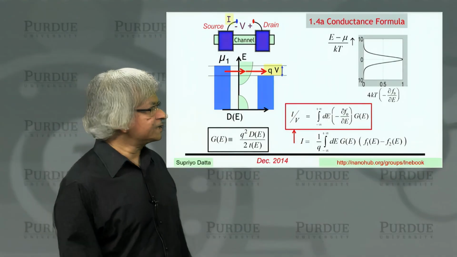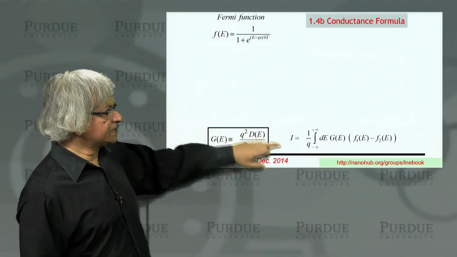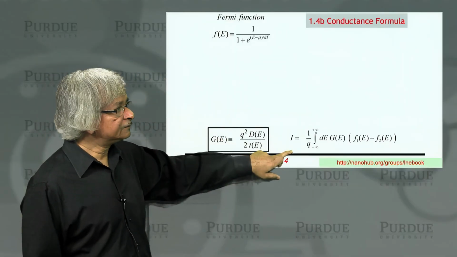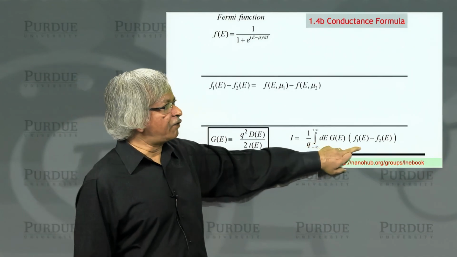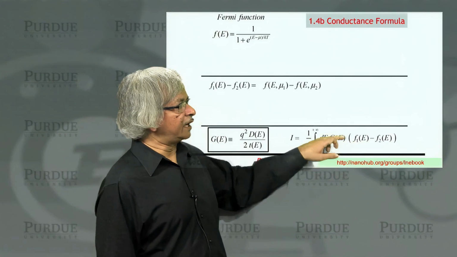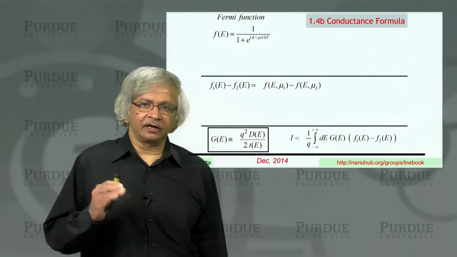So what we do is, we start from this current expression here, and we'll have this F1 minus F2, and F is this Fermi function. So what's the difference between F1 and F2?